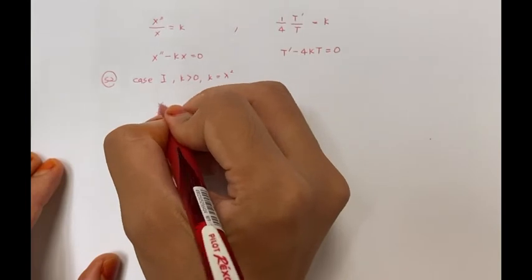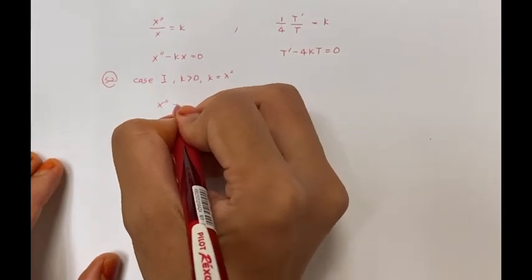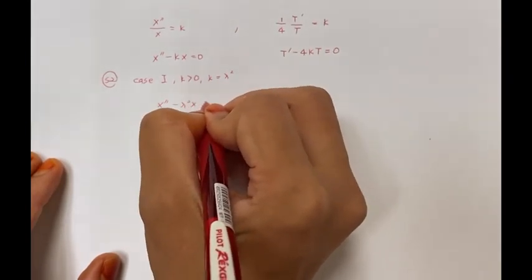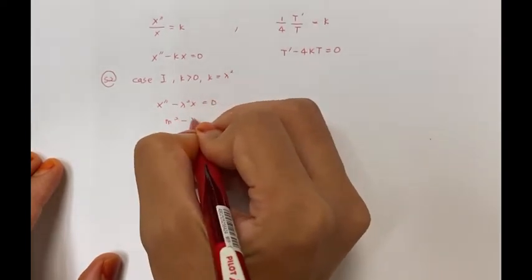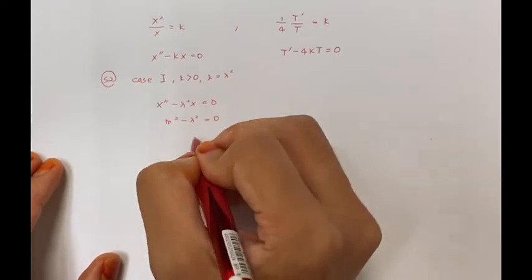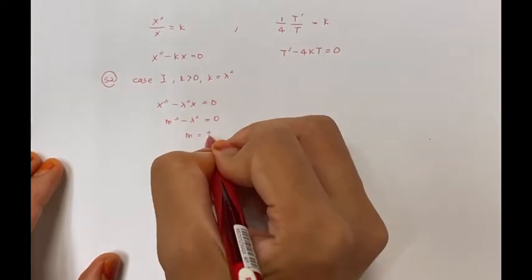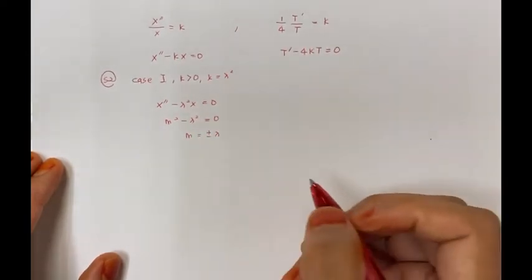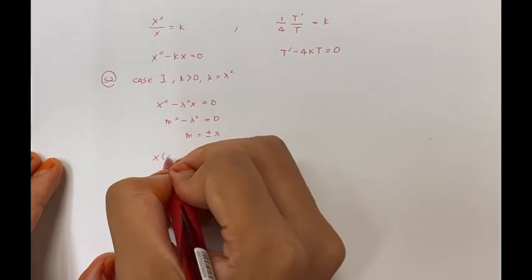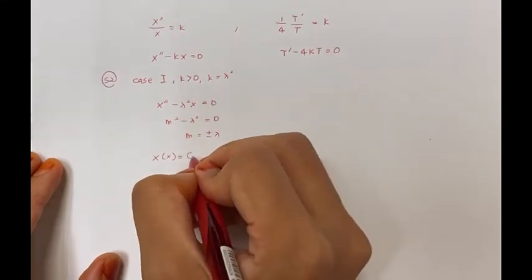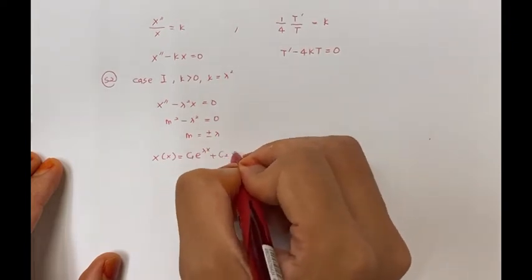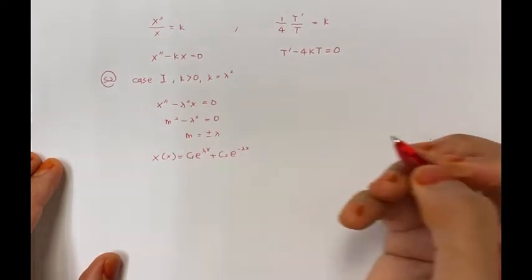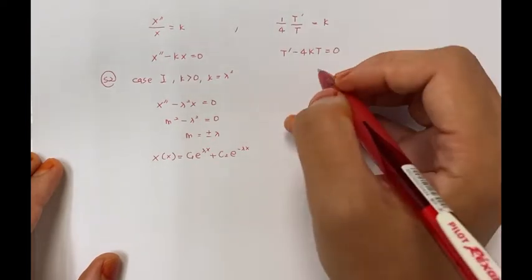You have X double prime minus lambda square X equal to 0. m square minus lambda square equal to 0, m is equal to plus minus lambda. So X is equal to C1 e to the lambda x plus C2 e to the negative lambda x. Real and distinct.